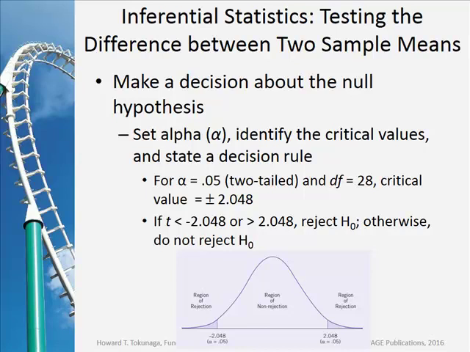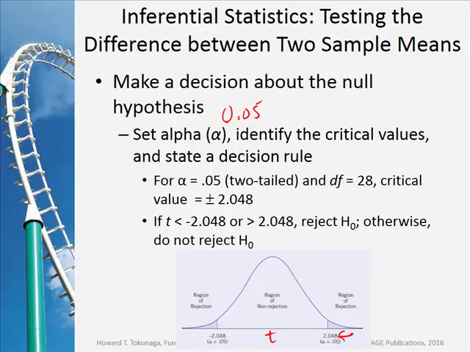Okay, so our alpha is going to be 5%. Identify the critical values. The critical value on the t-table is 2.048.